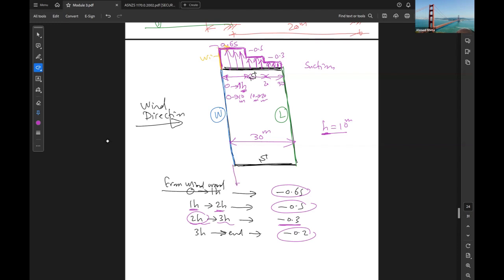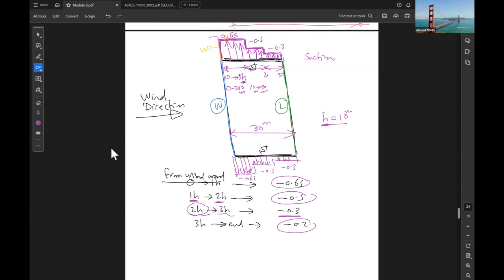Okay, so if we put this here again, so this is suction, this negative 0.3, negative 0.5, negative 0.65. So what is the difference between side walls and leeward wall and windward wall?